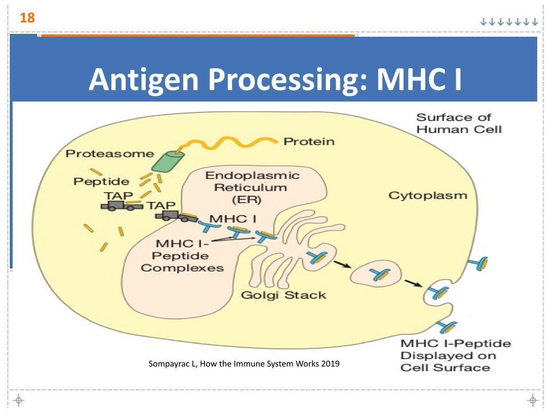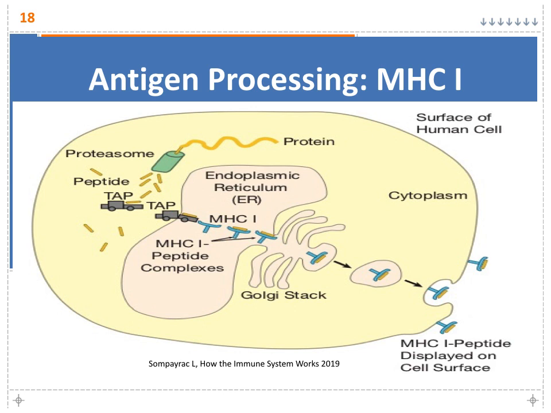They are then brought to a TAP transporter, and that way they get into the endoplasmic reticulum where your MHC1 complexes are formed. So you form MHC1 peptide complexes in the endoplasmic reticulum, and these are then brought out to the cytoplasm and then to the surface of the cell.